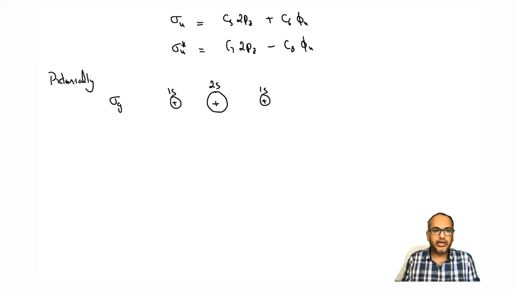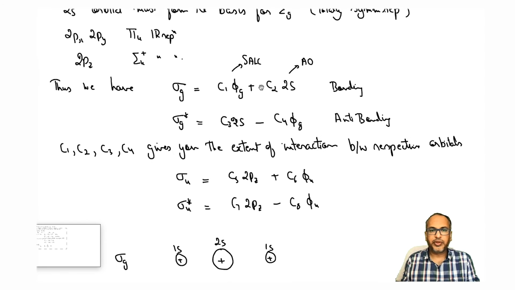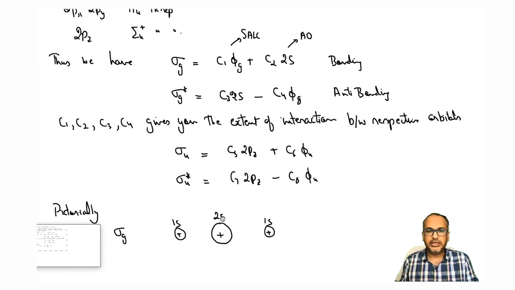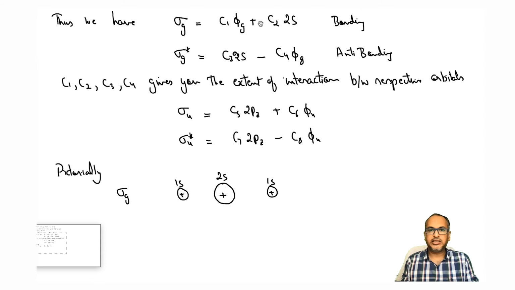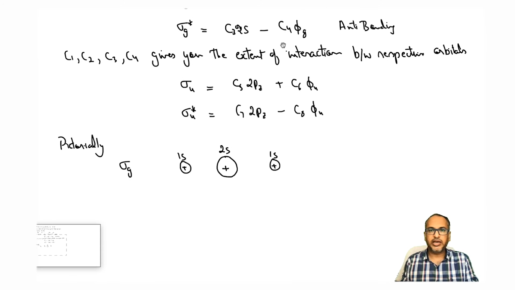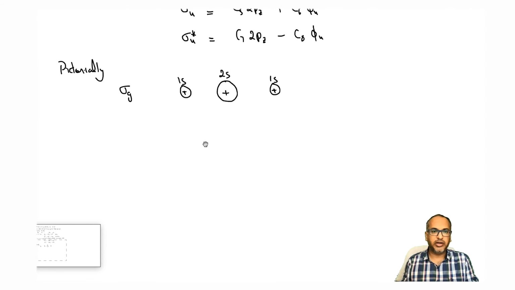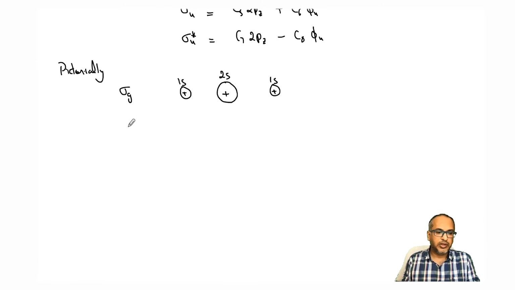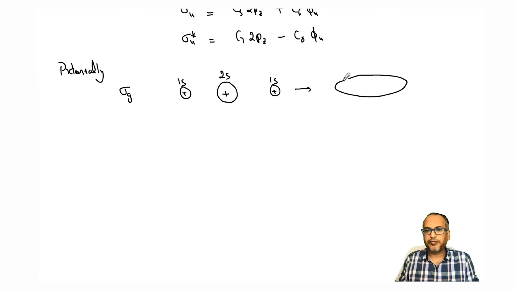So remember that phi g is positively phased and 2s is also positively phased. Okay, so this plus sign means that the phase is positive, the negative sign means the phase is inverted. All right, so now this is the combination. So this particularly gives rise to an orbital which is something like this.